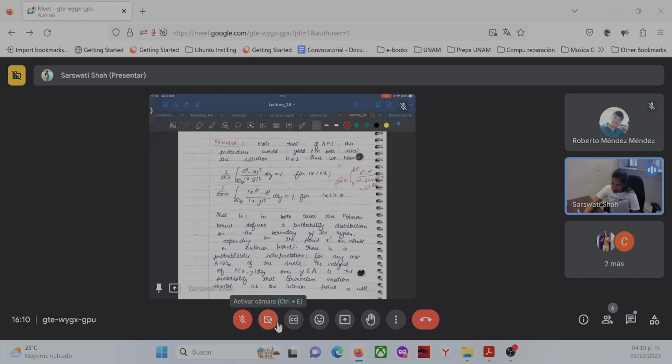For the case modulus of x is less than a, this is a well-defined integration. So the integration of this value is nothing but 2 pi a, so it will cancel out.